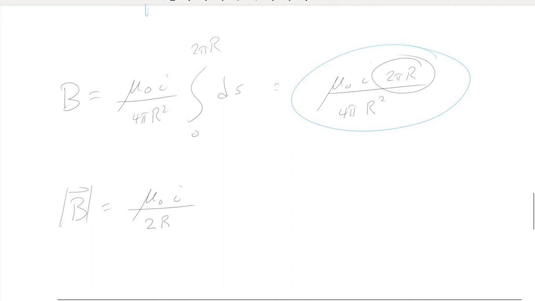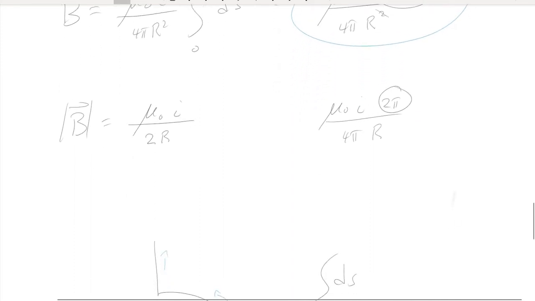So we can go ahead and still factor out those R values. But I'm going to keep the 2 pi there just for right now, because now the question is, where did that 2 pi come from?